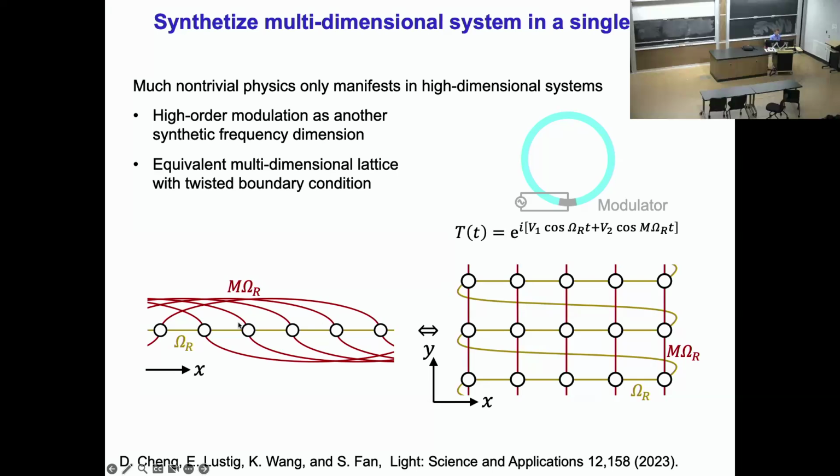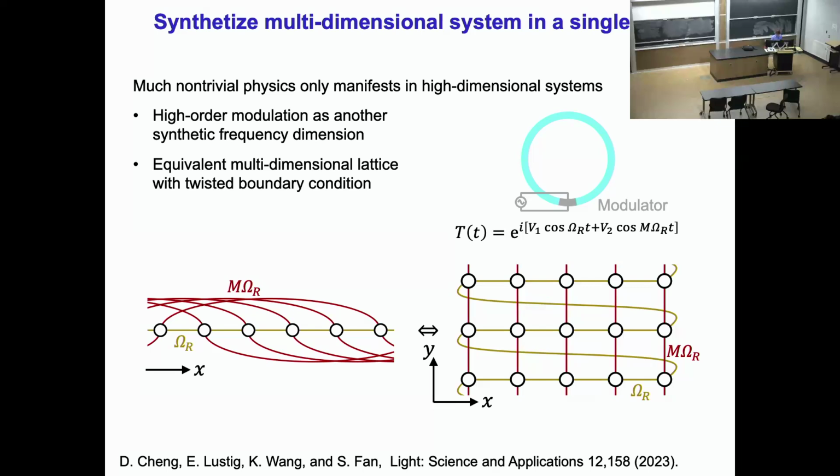Or you can plot this in a 2D model. In this case, you will get a 2D model with infinite size along one of the dimensions, and finite size in the second dimension with a twisted boundary condition. So this in fact looks very much like a carbon nanotube kind of Hamiltonian. Now with this, if you choose the modulation frequency to be large enough, you can probe two-dimensional physics.